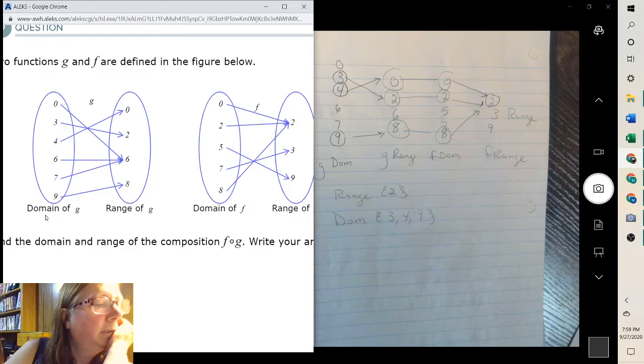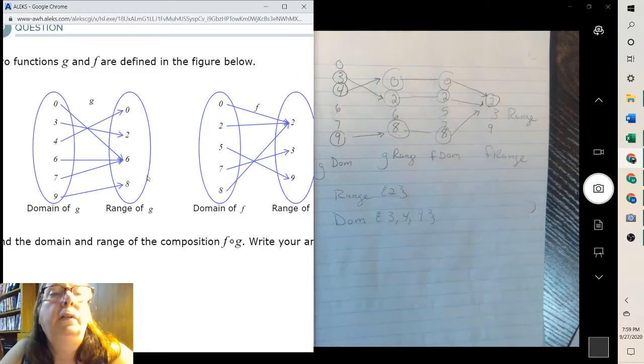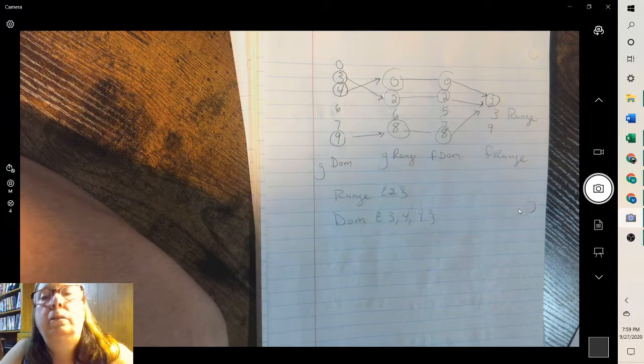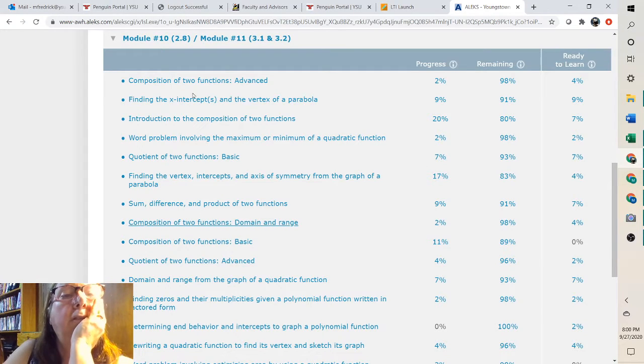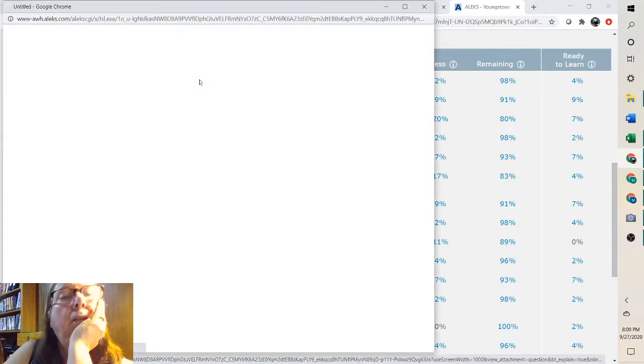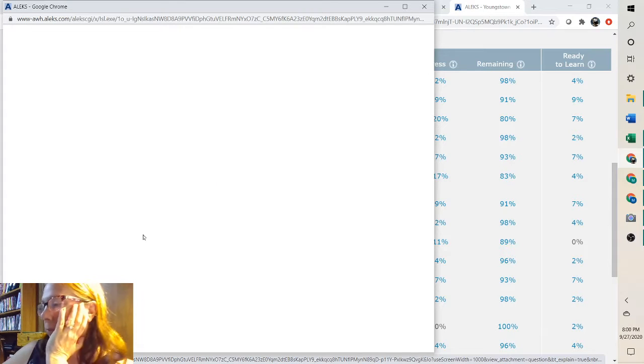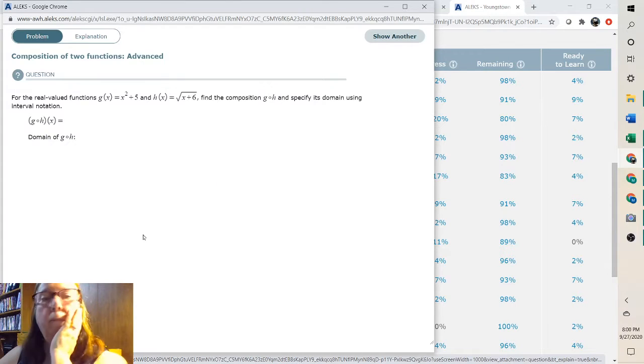One more thing. Composition of two functions, advanced. Composition, that's the first one. Okay, so this one, instead of putting a number, you're putting the whole function inside of it.